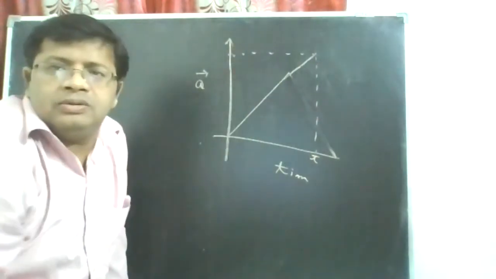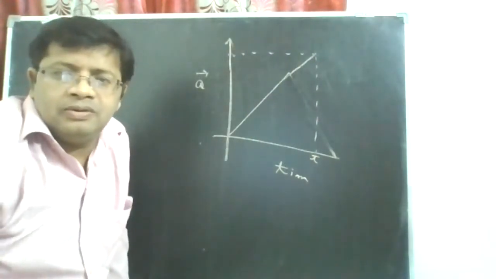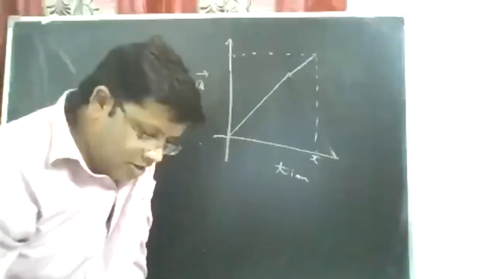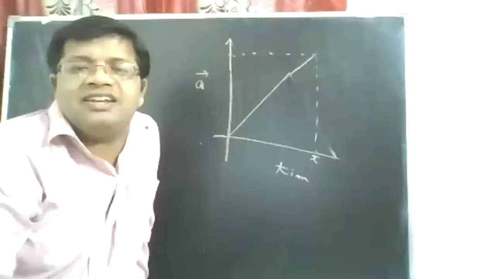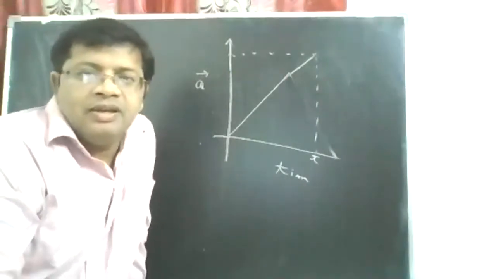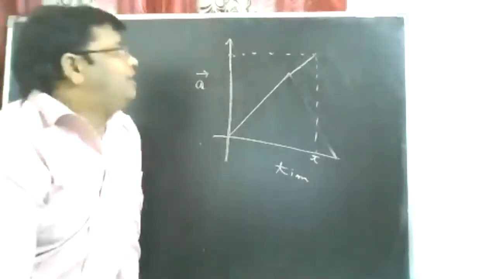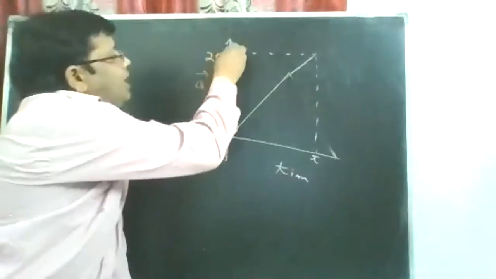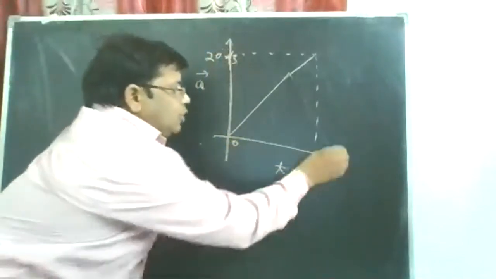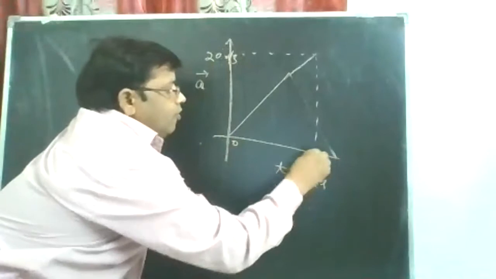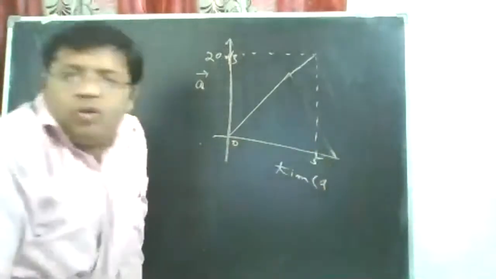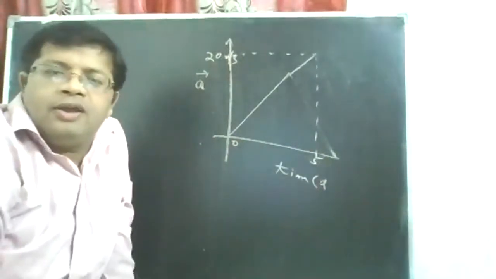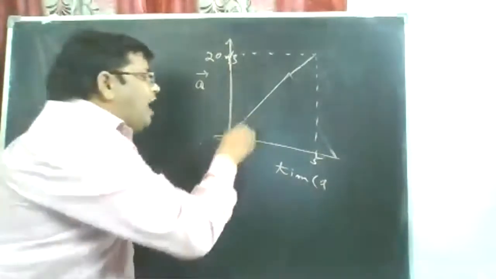So beta, if you are given the graph between acceleration and time, and it is given that the value of acceleration is 20 meter per second square and the time is 0 to 5 seconds, now what is the area below the graph?